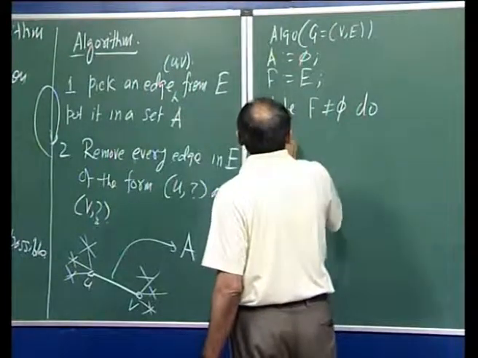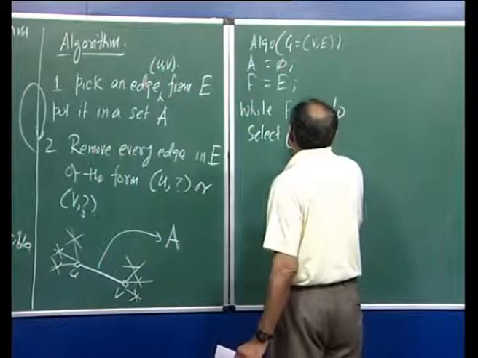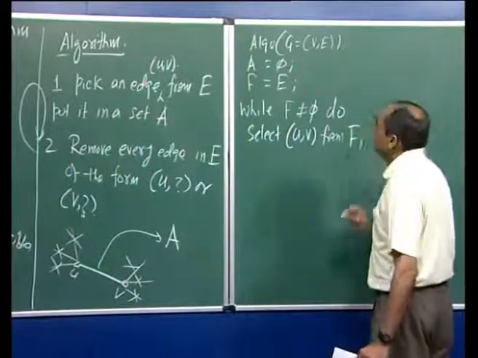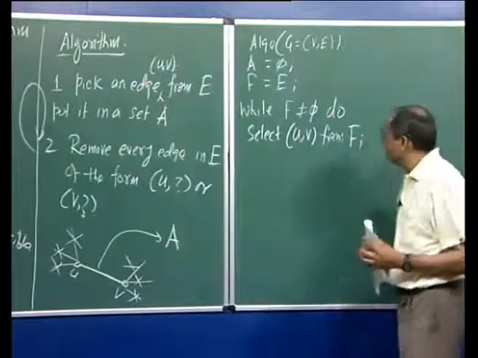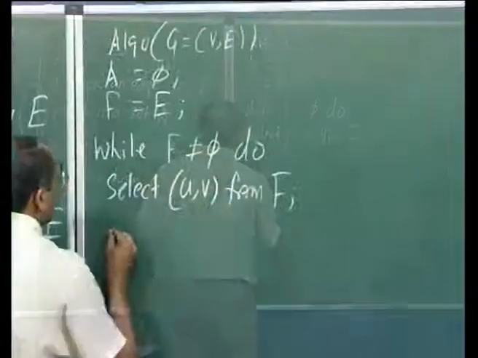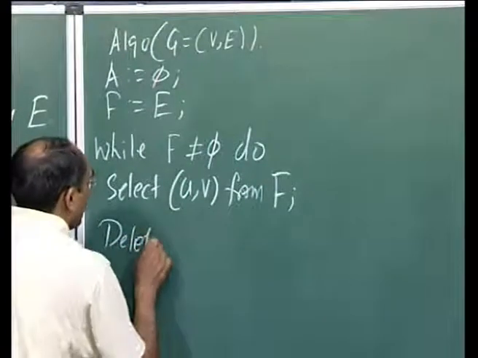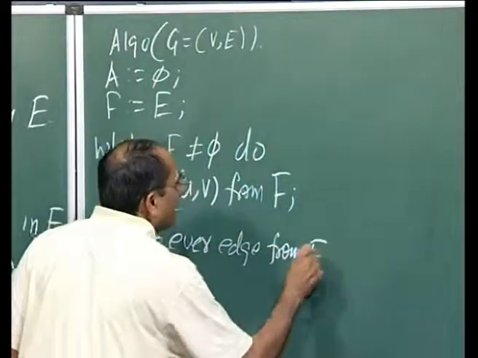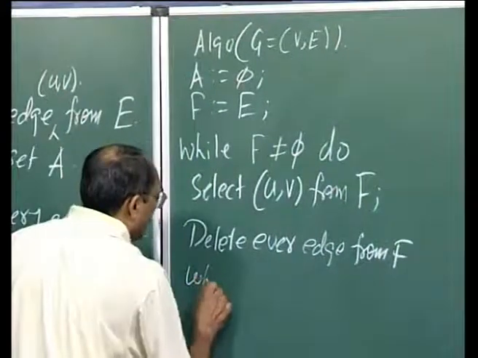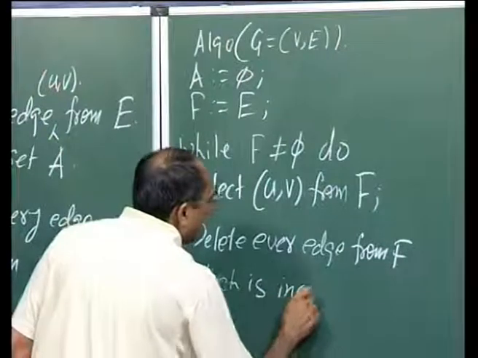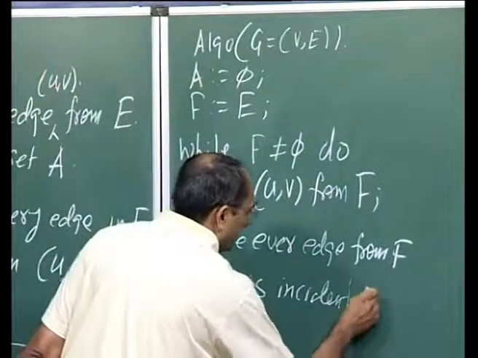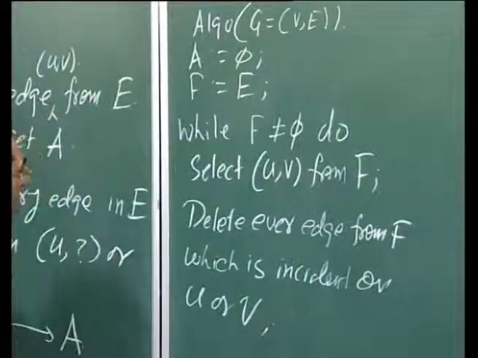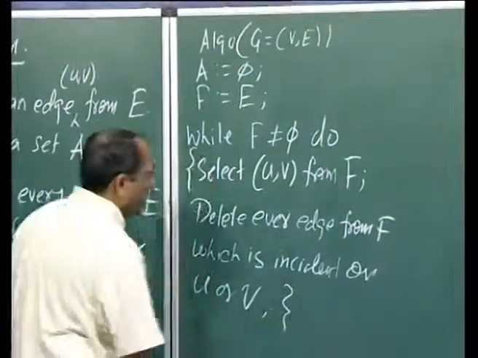Select UV from F. F is initially the whole of E. We select this, and delete every edge from F which is incident on U or V. So, this is where the while loop ends.